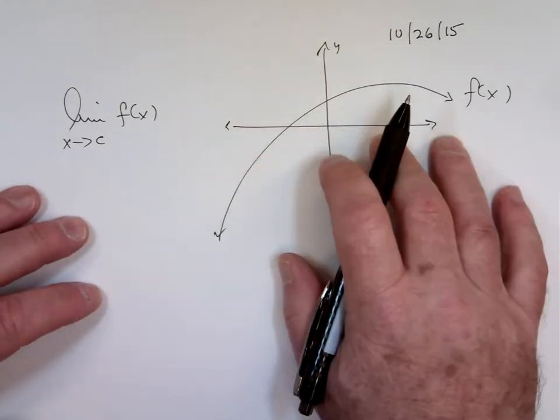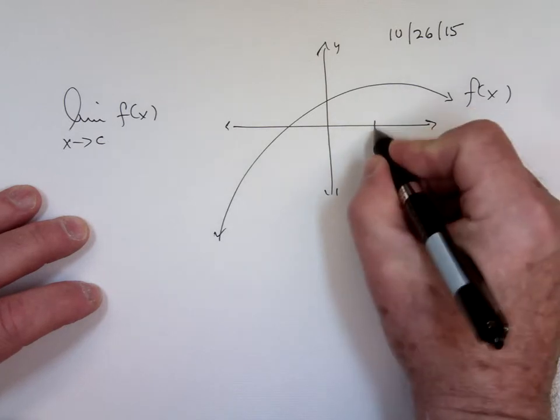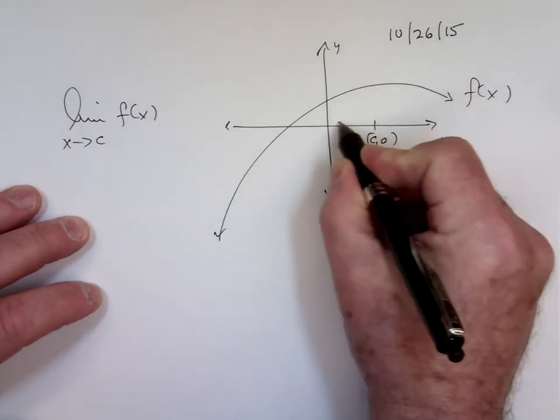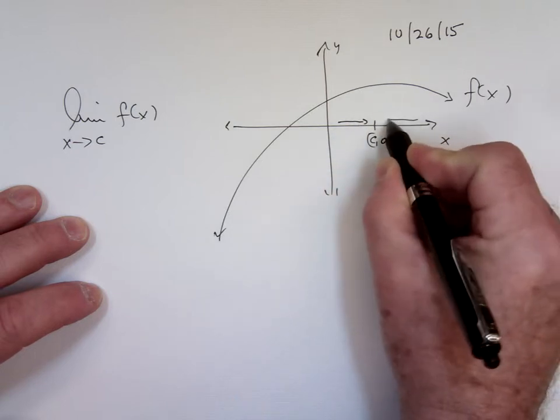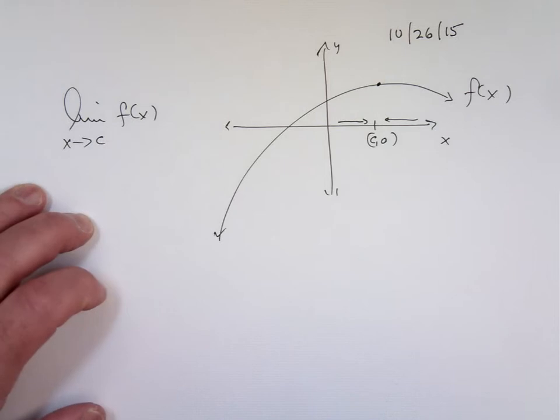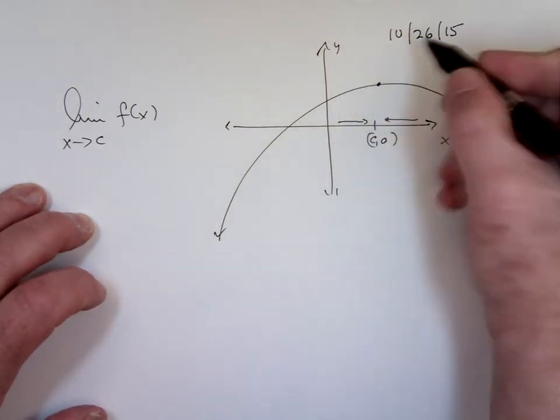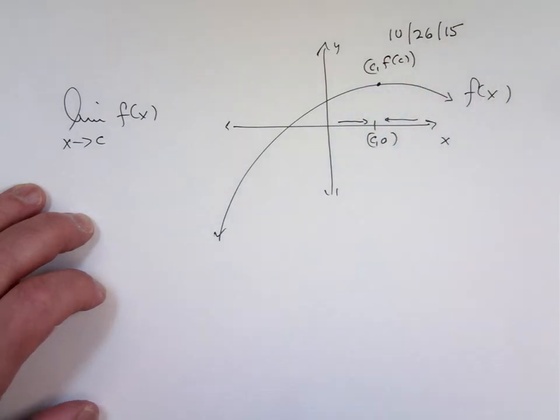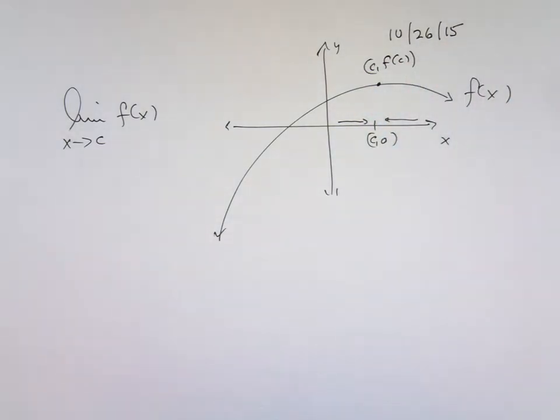Okay, back in Calc 1, when you did a limit, as x approached c, you approached c from the left and from the right. And if the function approached the same value, and in this case it would be simply f of c, whether we approach c from the left or right, that value was the limit.